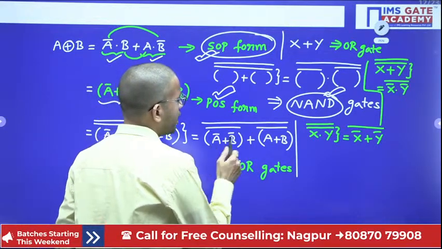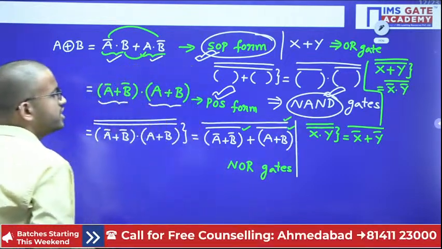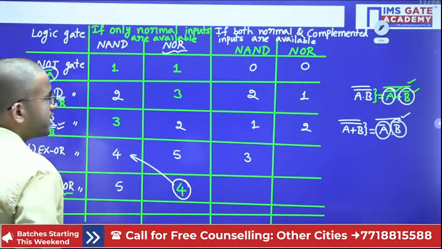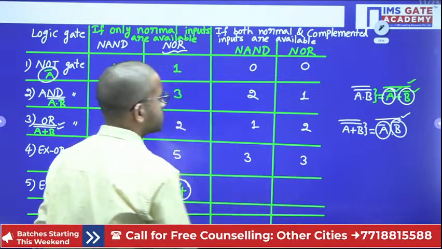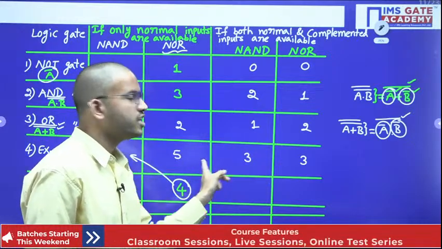A bar, B bar are already available, so we require 1, 2, 3, that's all. We require 3 NOR gates. So regarding the XOR gate, by using NOR gates, we require 3 only.